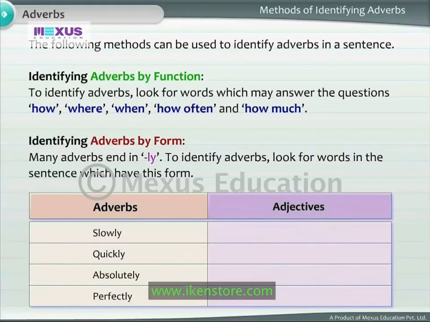Adjectives can end in ly too. Friendly, lonely, and motherly are adjectives and not adverbs. To avoid confusion, remember that while adjectives modify nouns and pronouns, adverbs modify verbs, adjectives, and other adverbs.